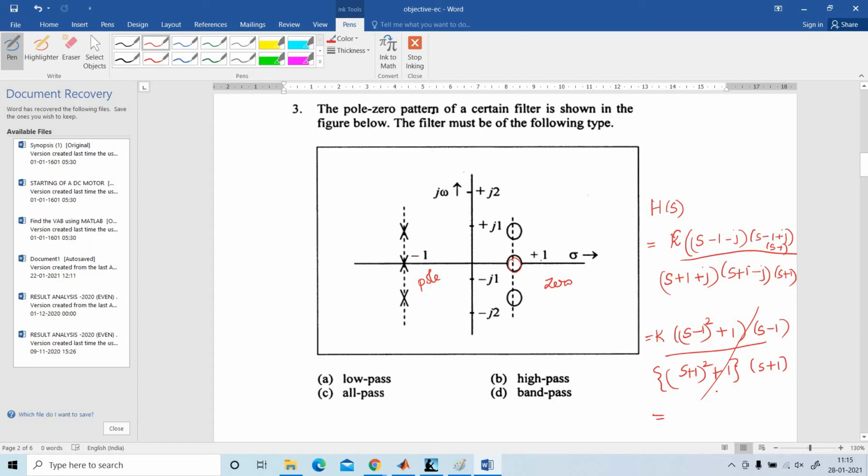In the real term, you have to take the angle tan inverse B by A. So tan inverse minus 1 and tan inverse plus 1. Both are the same and we will get the value 1. 1 should be a constant. So this filter is an all pass filter.